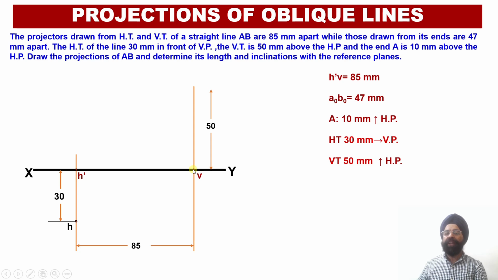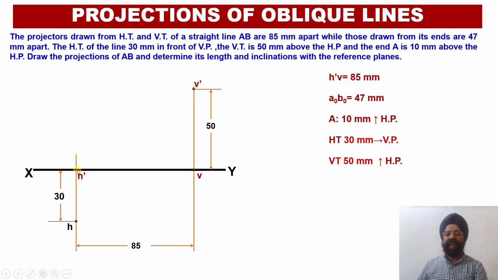I will be able to obtain the vertical trace of the line only when my plan projection line passes through the XY reference line, intersecting with it, and from the top of that vertical trace my elevation projection line itself or its extension should be passing over there. It means that this point will be point V dash.